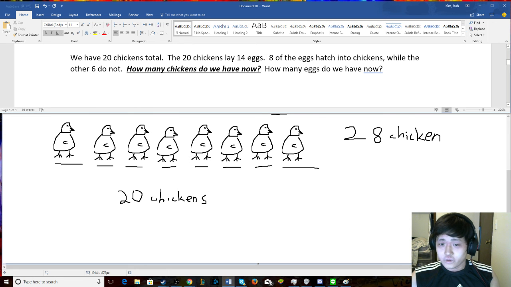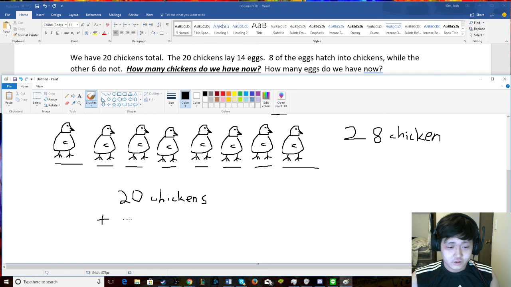However, once we read this section that 8 of the eggs hatch into chickens, while the other 6 do not, so the 8 would be something that we add to the chicken total. So we would then add 8 chickens.